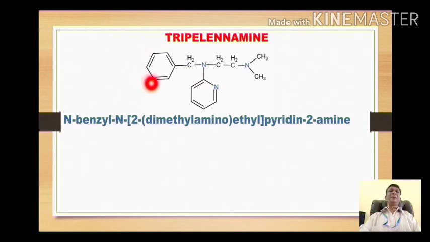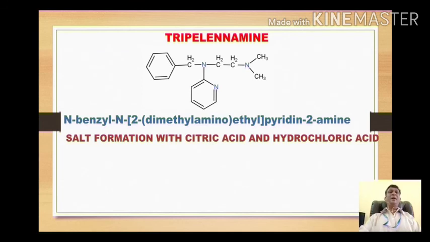One is a benzyl and one is this group which is called 2-dimethylaminoethyl. So the systematic name is N-benzyl and 2-dimethylaminoethyl pyridine 2-amine.